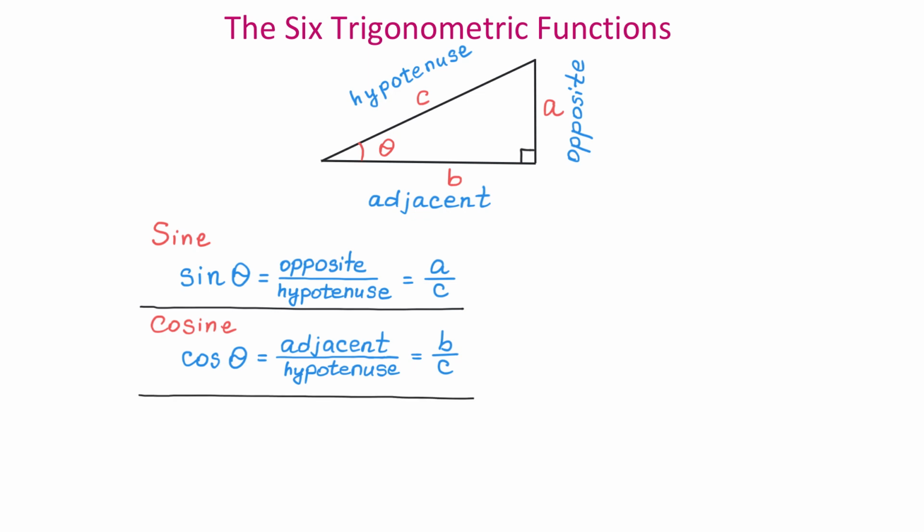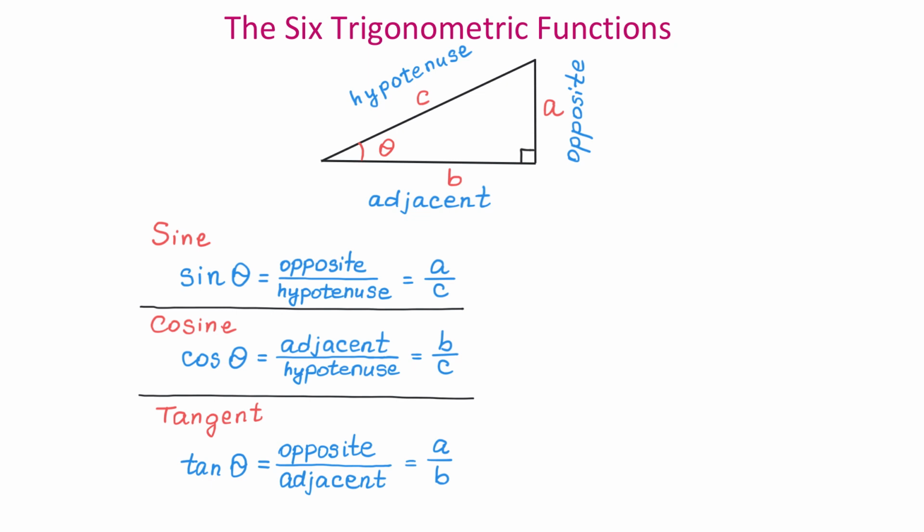And now the next trigonometric function will be the tangent function. We write it as tangent of theta, and we find tangent of theta by dividing the opposite side by the adjacent side. And this will be A divided by B.